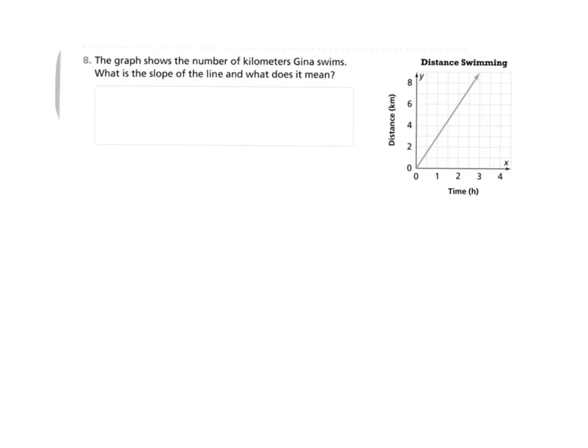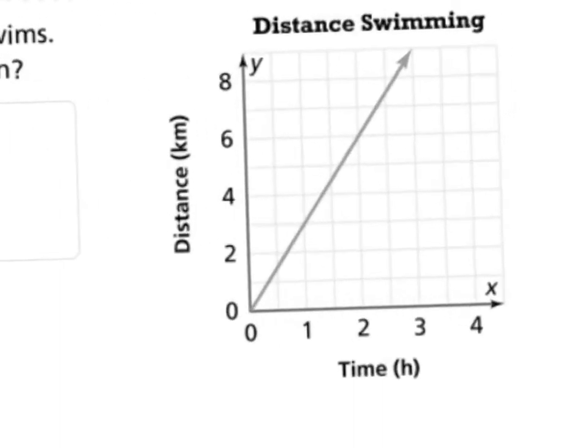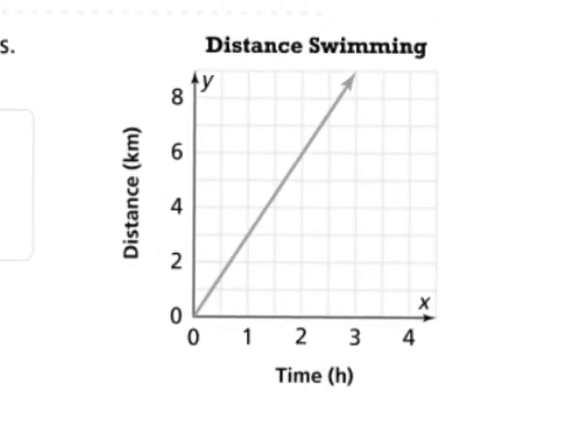Number 8, the graph shows the number of kilometers Gina swims. What is the slope of the line and what does it mean? So again, we need to find 2 points here. Realistically, (0, 0) is a nice looking point if you want to pick that as one of your points. And then really right here actually is a point.